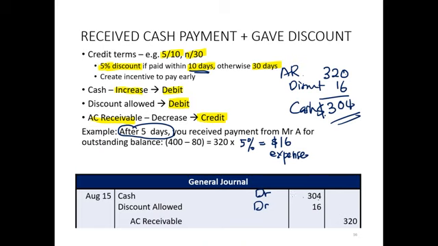So debit cash 304, debit discount allowed 16, and for the account receivable, you're going to remove the balance, that is 320, so credit account receivable by 320. So this is a good example of when you receive payment by cash from a customer and you also give a discount to them.